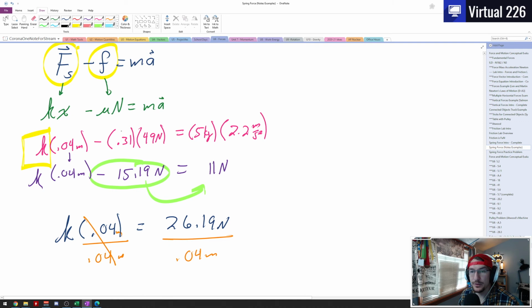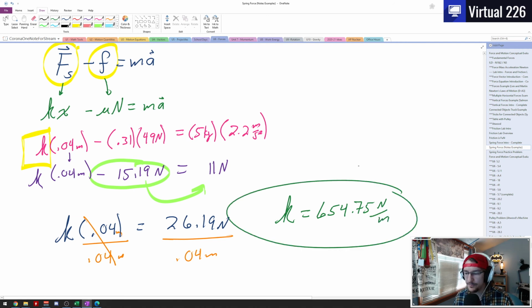My units are newtons per meter, which is exactly what I want for a spring constant. And when we do this division, we find that our spring constant k equals, whoops, that's not subtraction. It's important to divide and not subtract. We get a value here of 654.75 newtons per meter. And that's our spring constant there.